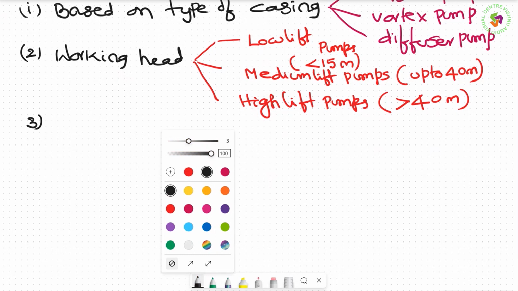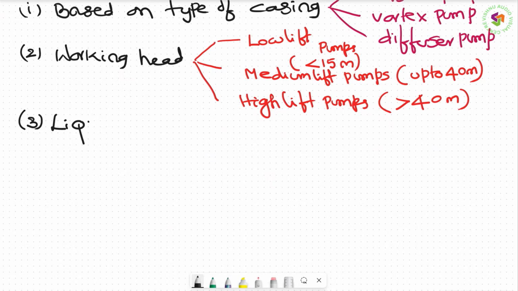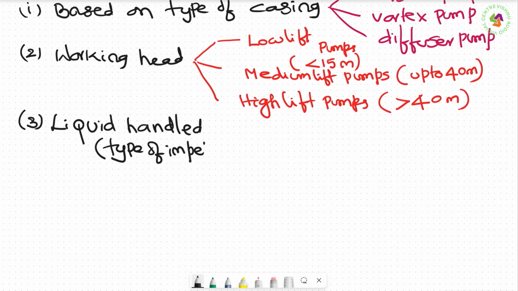The third classification is liquid handled. This is also called the type of impeller. The impeller is nothing but the rotating element of the centrifugal pump.